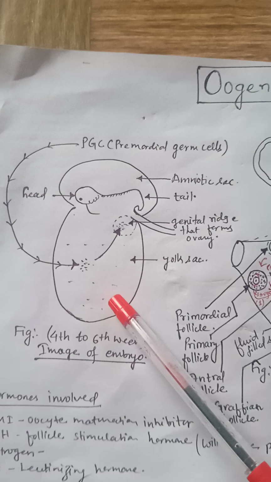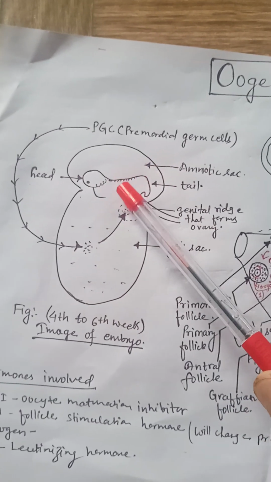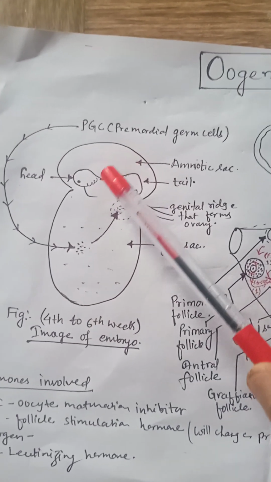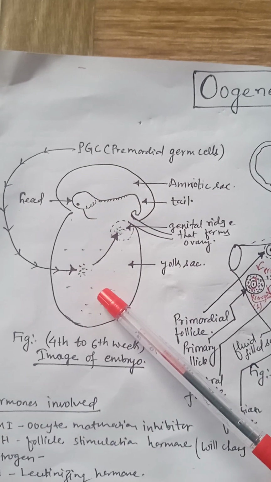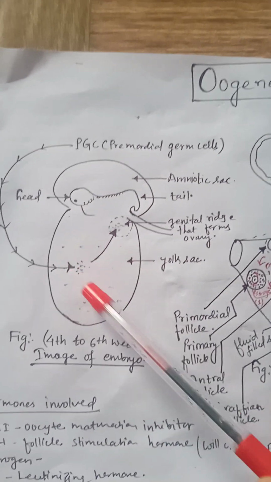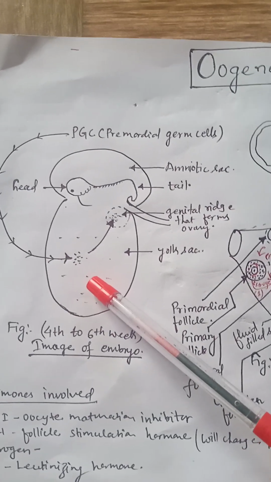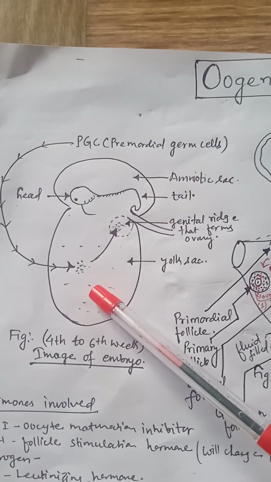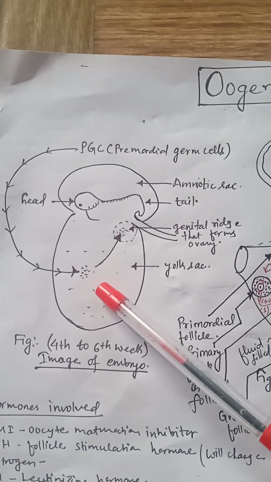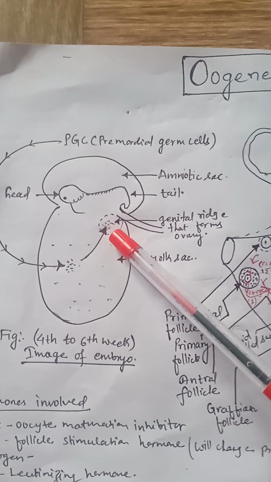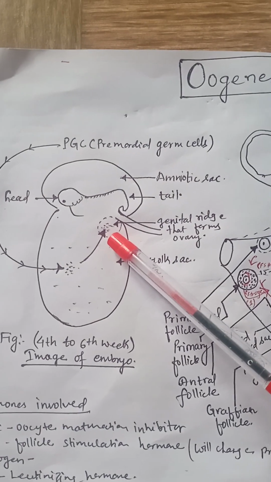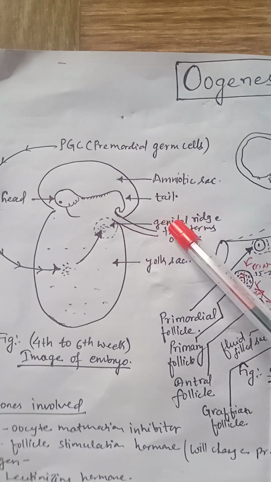So this is the yolk sac, and this is the amniotic sac, inside which the embryo rests. After that there will be repeated division in these stem cells, or primordial germ cells, and they will slowly drive and enter the cluster of epithelial cells present in the genital ridge.